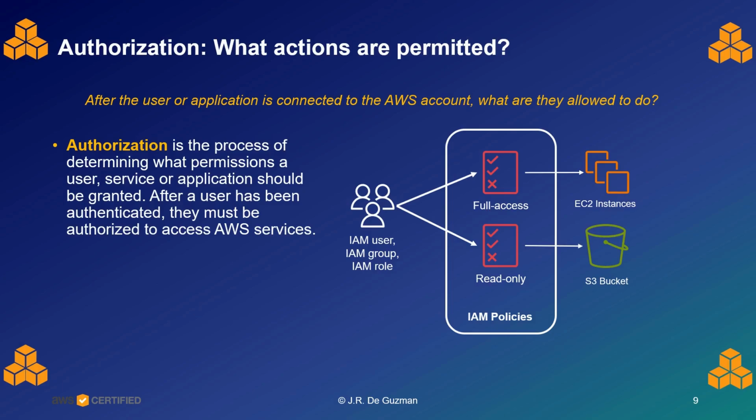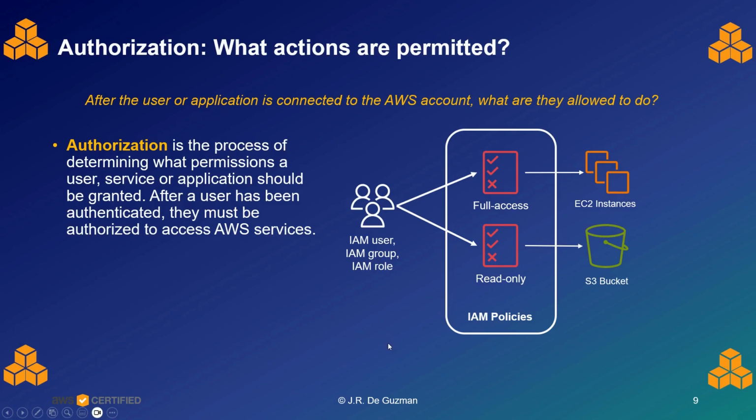Instead, you must explicitly grant permissions to a user, group, or a role by creating a policy, which is a document in JSON, or JavaScript Object Notation, format. A policy lists permissions that allow or deny access to resources in the AWS account.